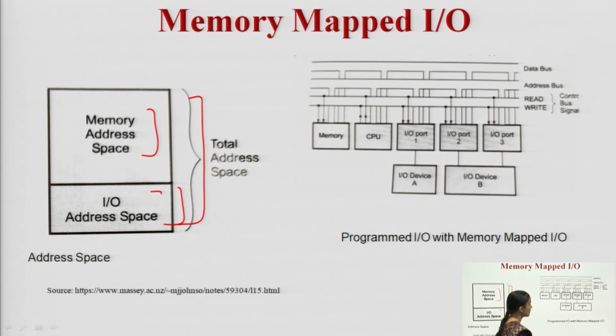In case of memory mapped, this is our CPU connected to memory and different devices through ports, but there is a common control bus signal performing read and write operations between memory and IO.